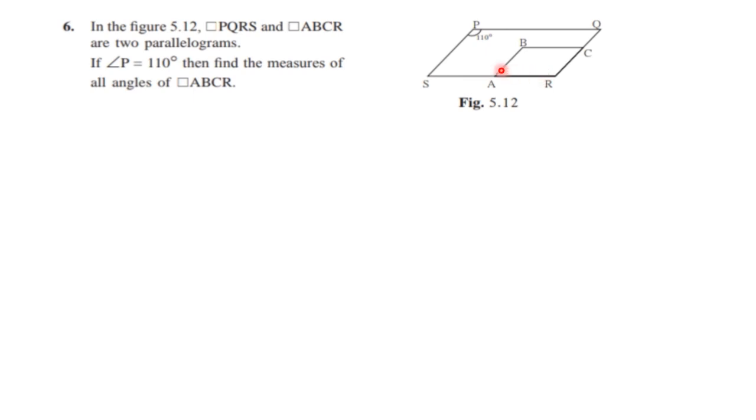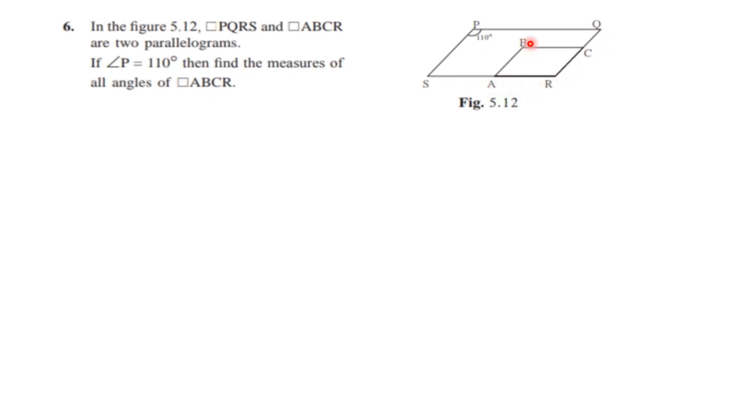Okay, so if PQRS they have given us a parallelogram, that means therefore SPQ is equal to SRQ. So this is also 110 degree, correct? So when SRQ is 110 degree, your ARC also becomes 110 degree. Why? Because S, A, R and R, C, Q, they are in the same line.